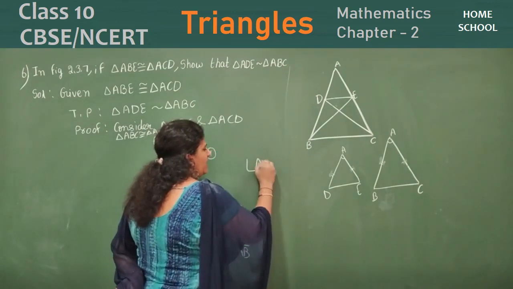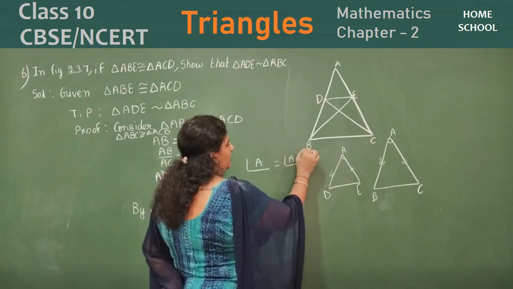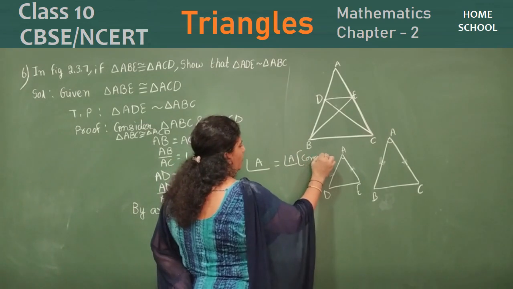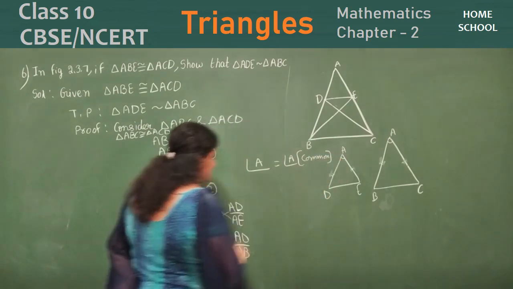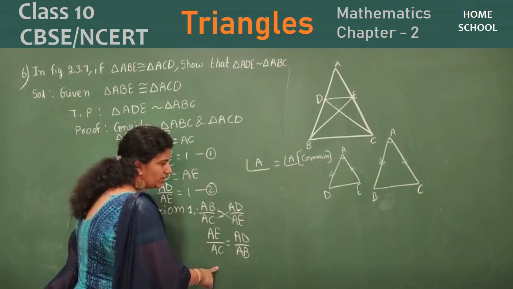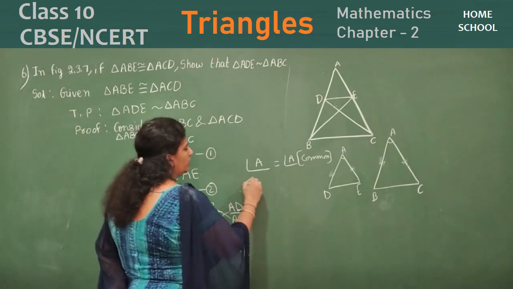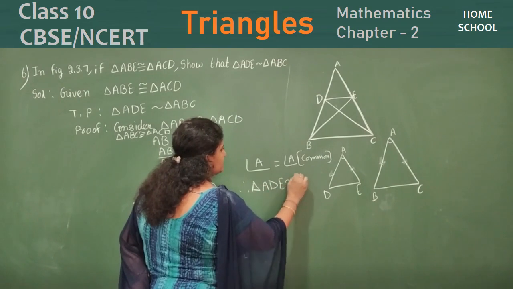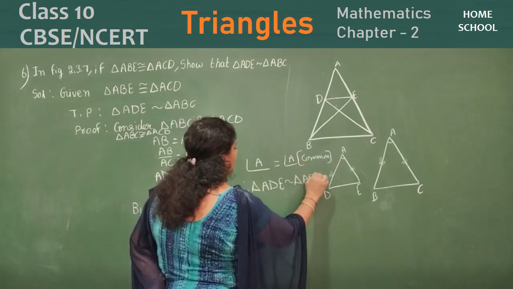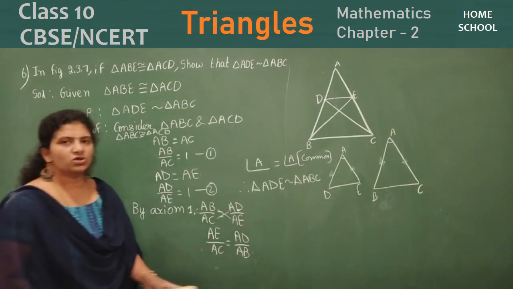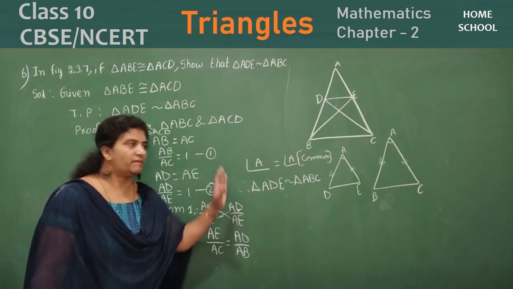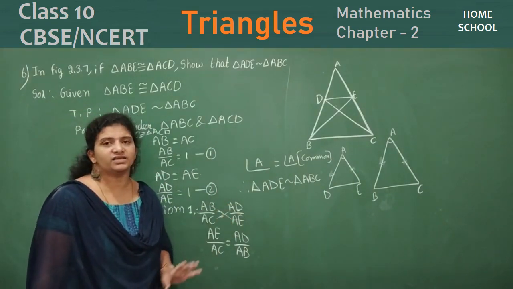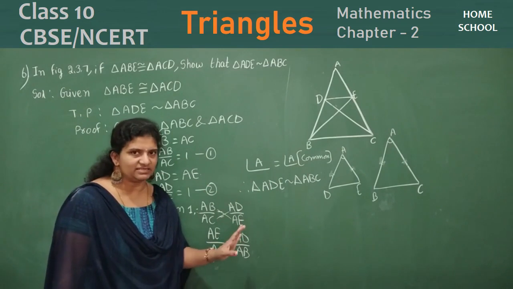Angle A is also equal to angle A. Reason: common angle, and these ratios are in proportion. Therefore, triangle ADE is similar to triangle ABC. So, always splitting the triangles and seeing the figure makes it easy to understand.